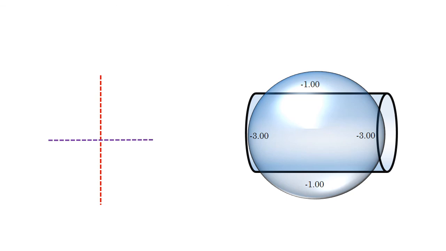And that -3 of power at the 90 degrees is acting upon the red line that's anterior on the eye. It's giving it a -3, which, if you think about it, it was about 3 diopters in front of the retina. So a -3 will push it back right onto the retina.